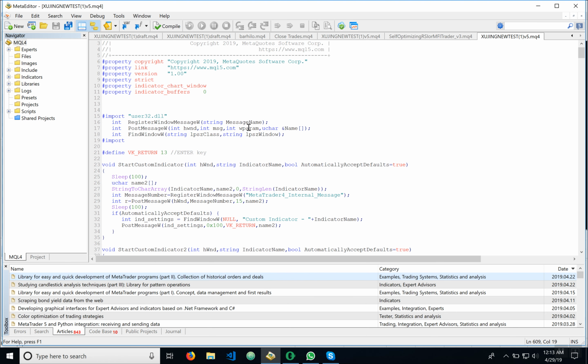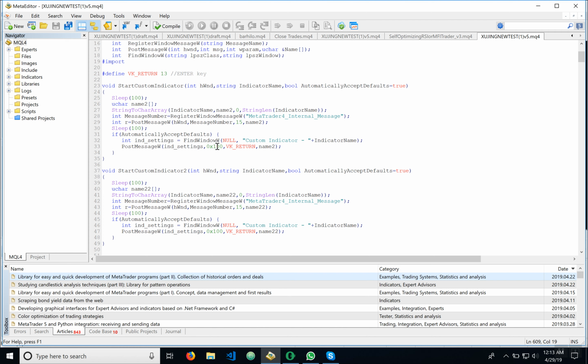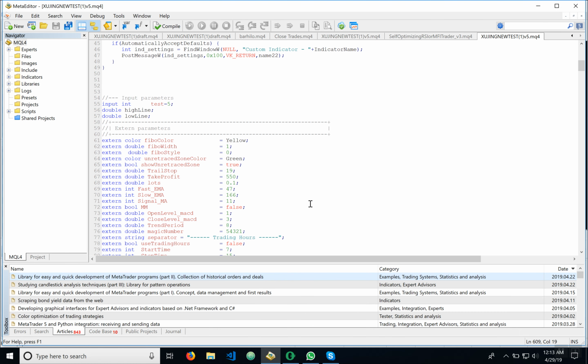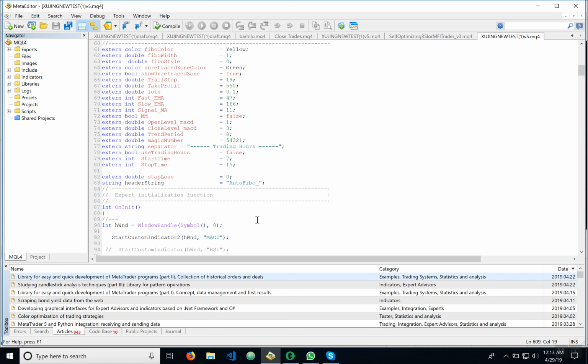It loads the indicator charts, and allows them to be loaded and applied to the individual window and currency that you currently have open. And this group of code sets up the inputs and variables for the rest of the EA, such as the magic number, trading hours, start time, and stop time, which we'll get into in a few.